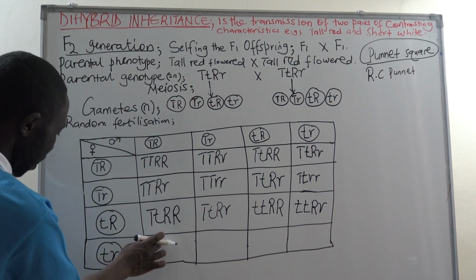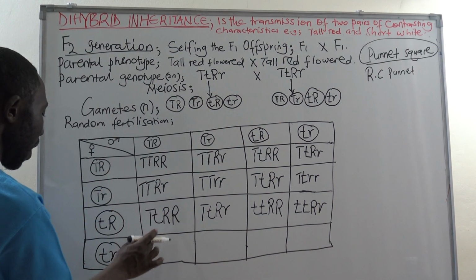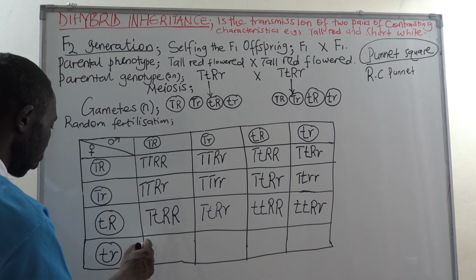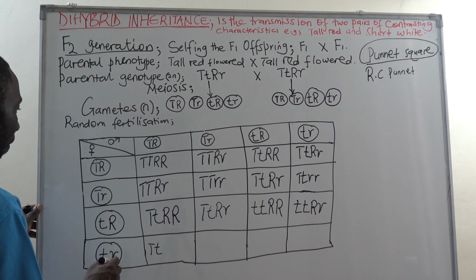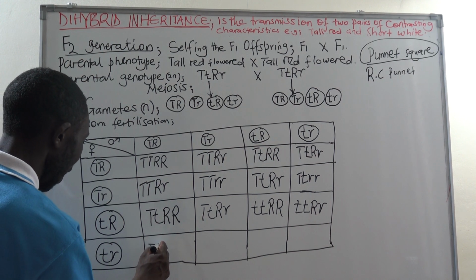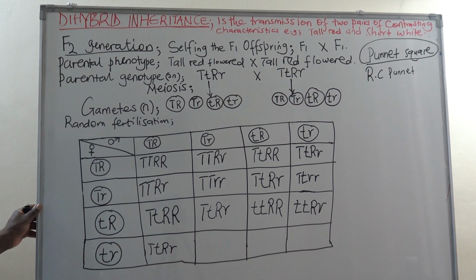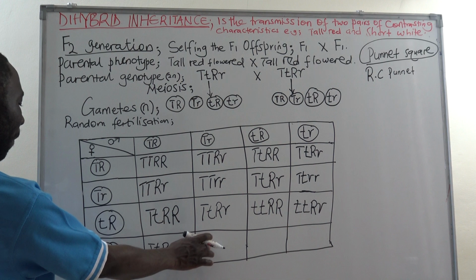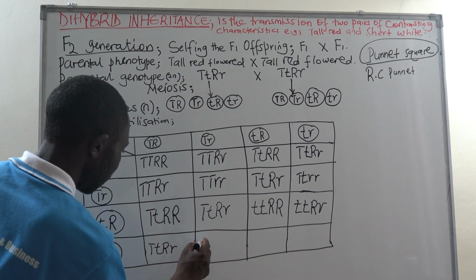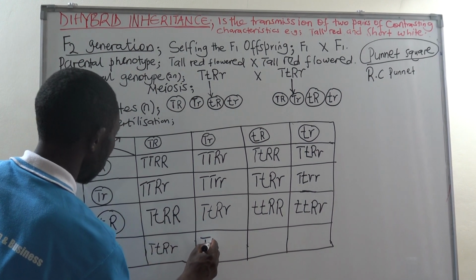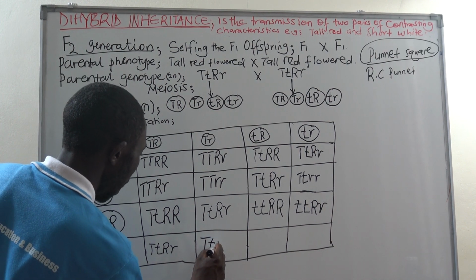Then lastly, this offspring will bear a genotype of capital T, small t, then capital R, small r. This one will bear capital T, small t, then small r.